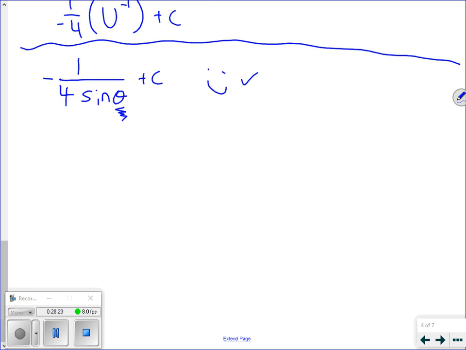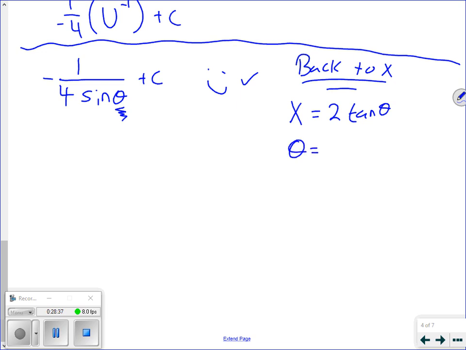So let's refresh ourselves on how this is going to work. Back to x. So remember what x was equal to. X was equal to a tan of theta, or 2 tan of theta. So theta is going to end up equaling tan inverse of x over 2.